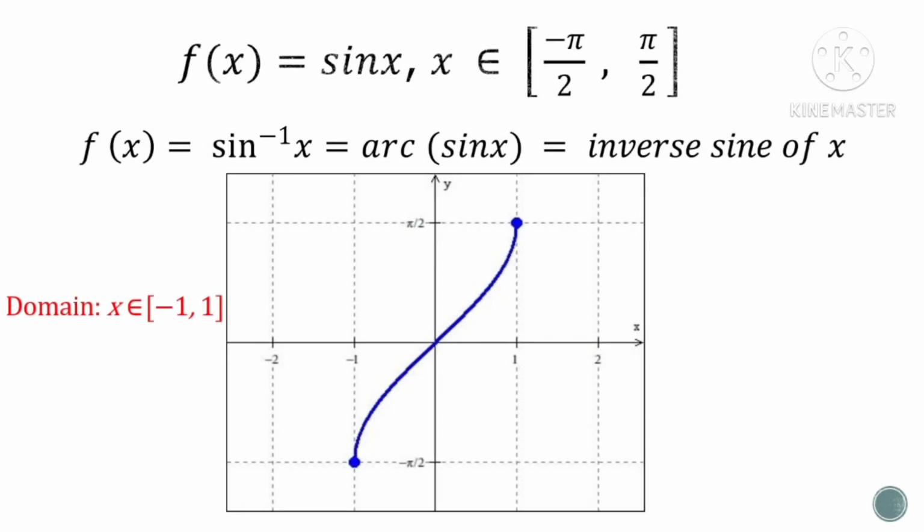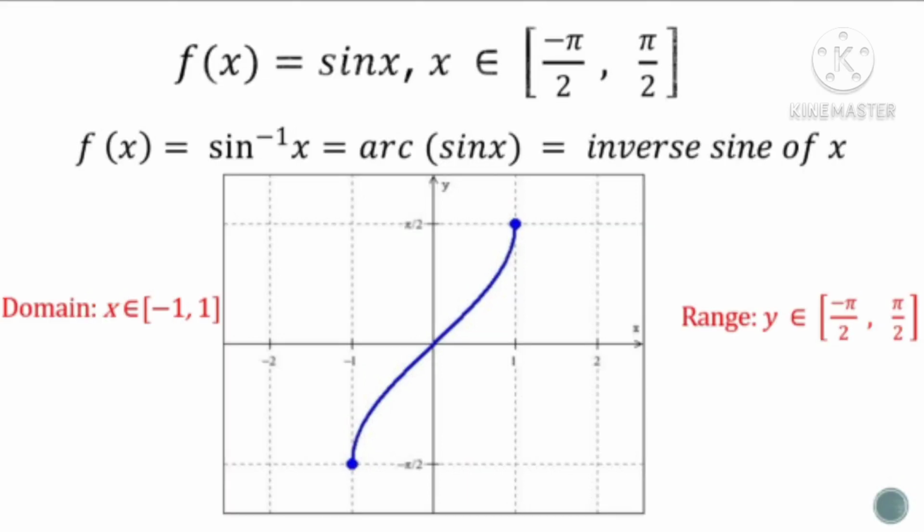Now the domain for this function is minus 1 to 1 and the range is minus pi by 2 to pi by 2. What exactly is sin inverse x? Sin inverse x is an angle, the sine ratio of which is x. That means sin inverse x is equal to theta, such that sin theta is equal to x.